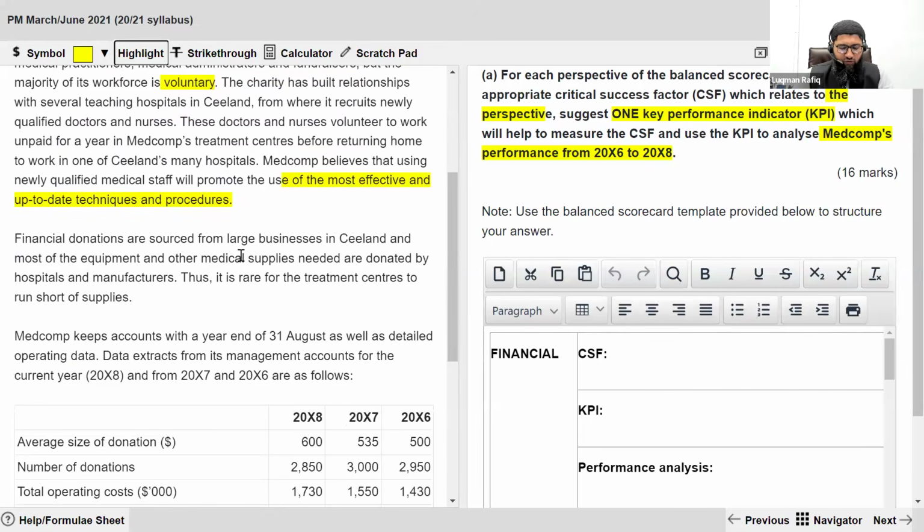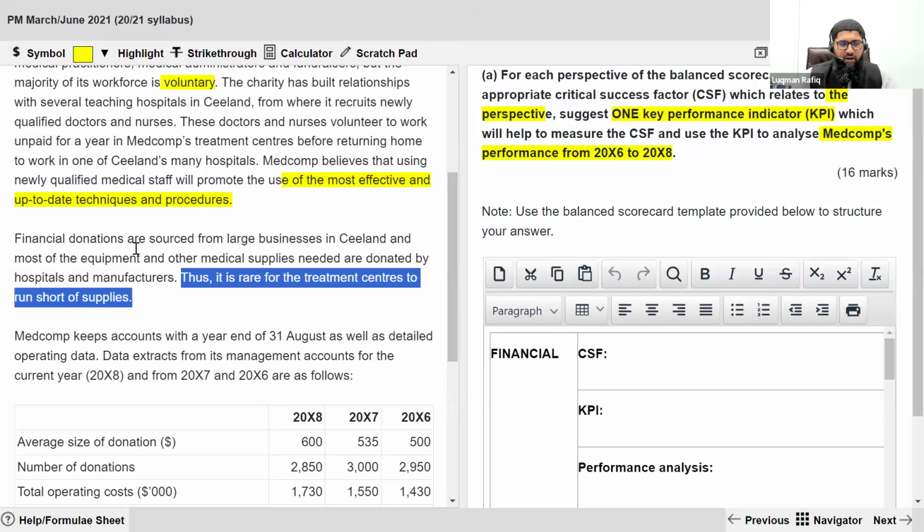Financial donations are sourced from large businesses in Sealand, and most of the equipment and other medical supplies needed are donated by hospitals and manufacturers. Thus, it is rare for the treatment centers to run short of supplies.